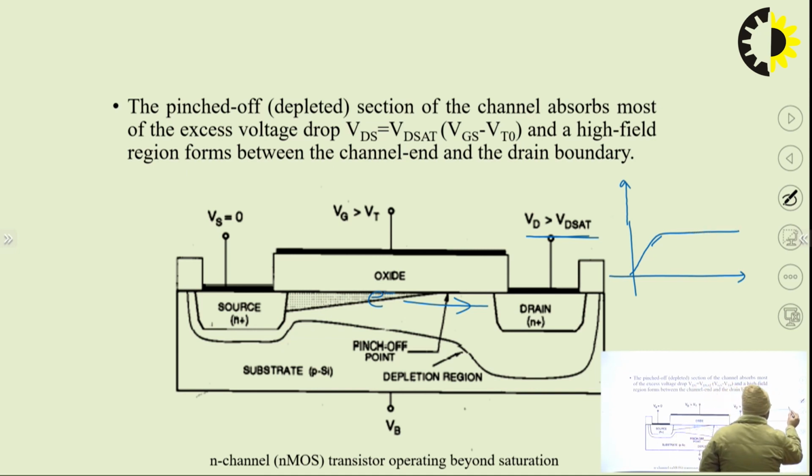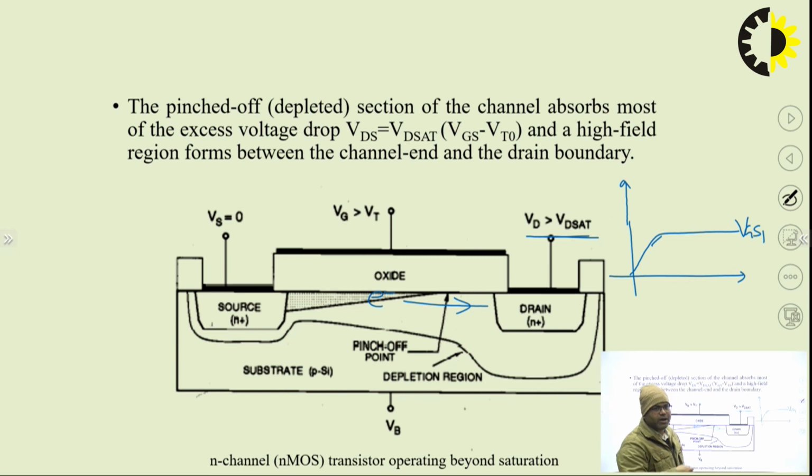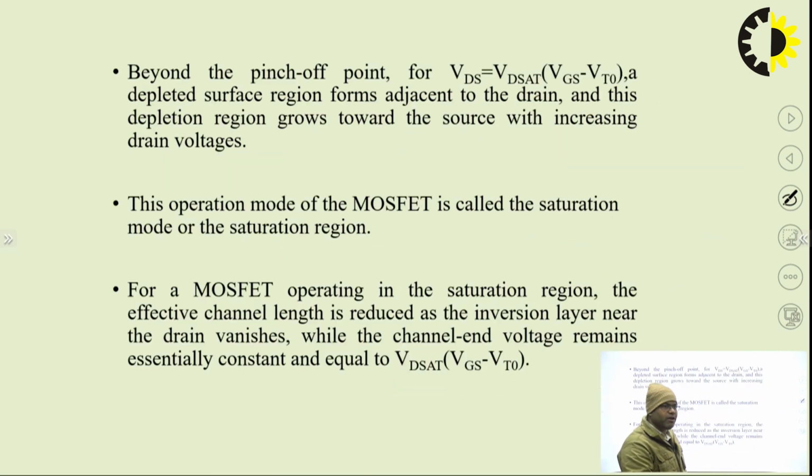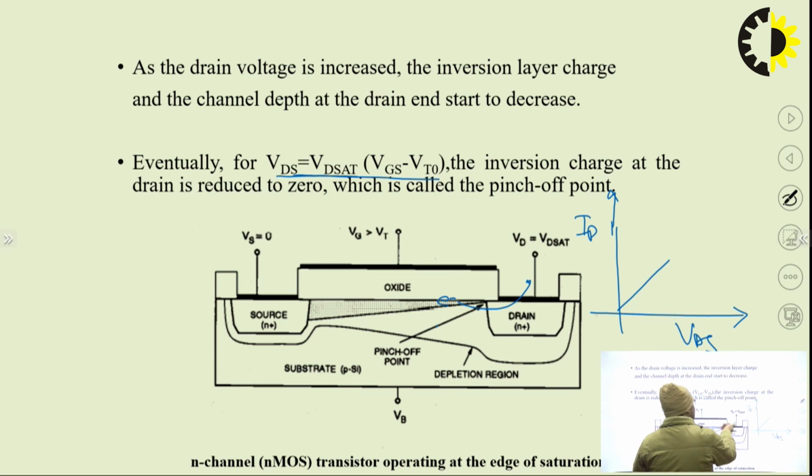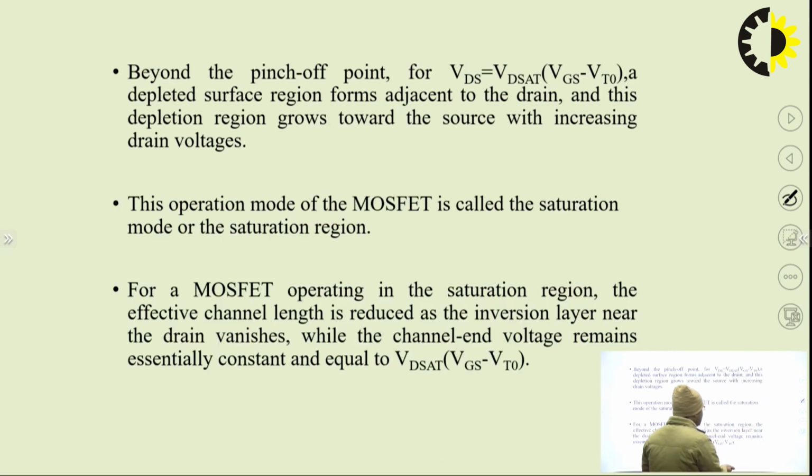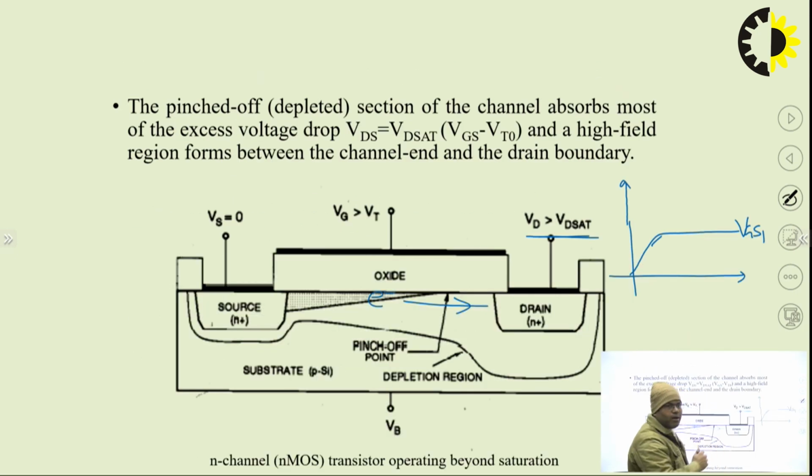This is the value of gate to source voltage at which the entire operation takes place. This is the point where the channel length is modulated and the current is saturated. Beyond the pinch off point, if we increase VDS, the current will not increase further, but the channel will be modulated.